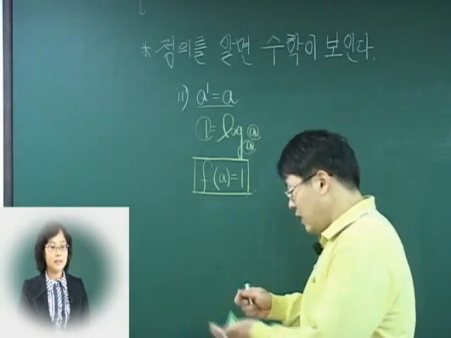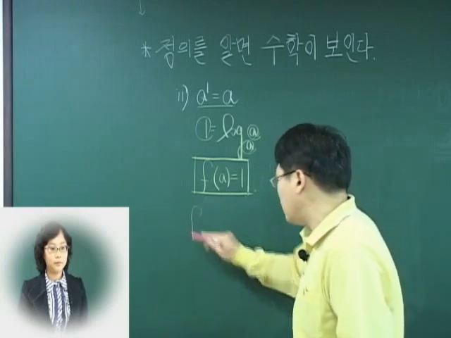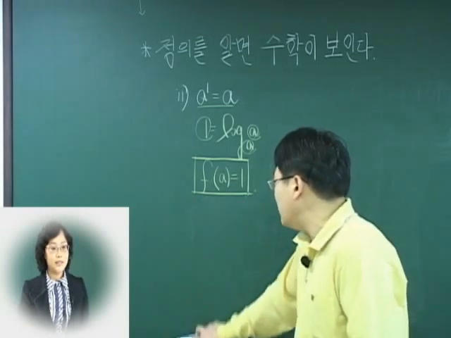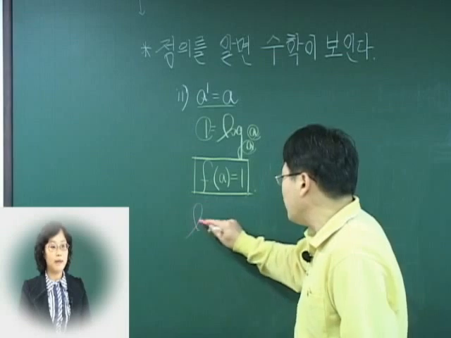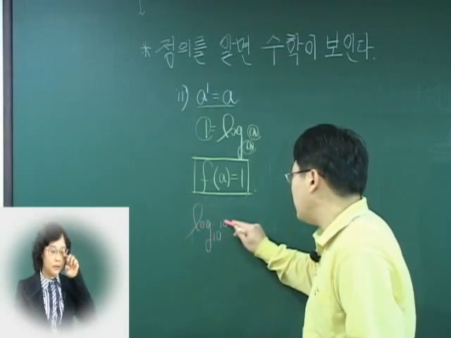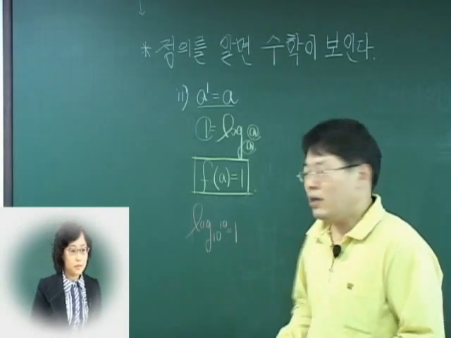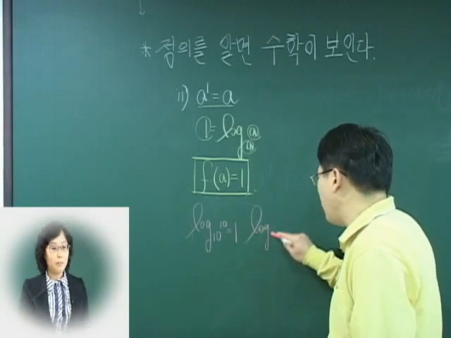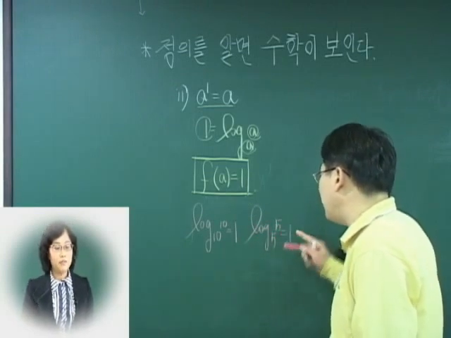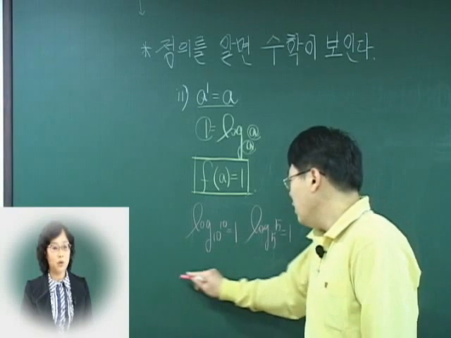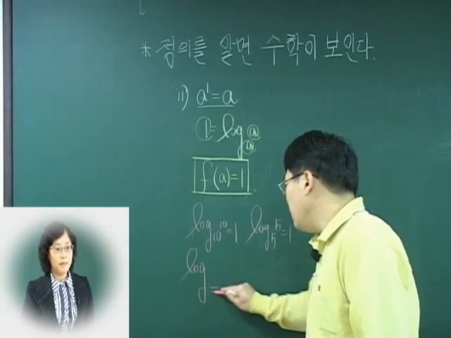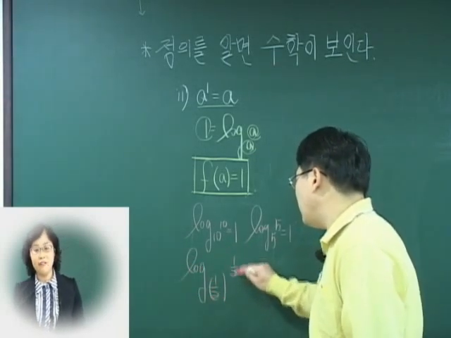Okay, let's make some examples. Let's say we change it another way. Log base a of a is 1, and log base 5 of 5 is 1, and log base 1/2 of 1/2 is 1.